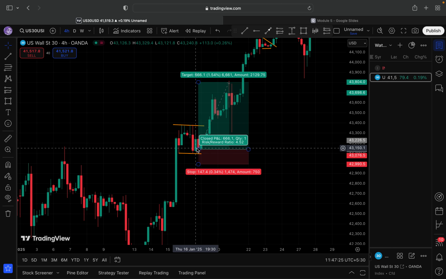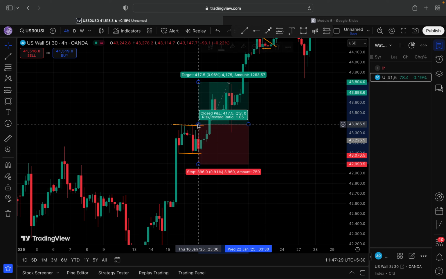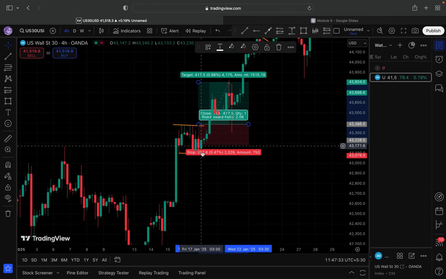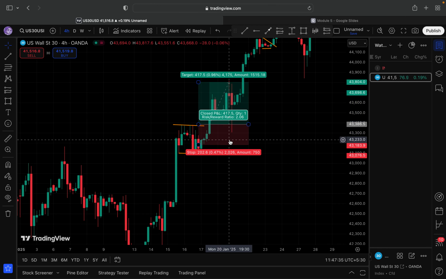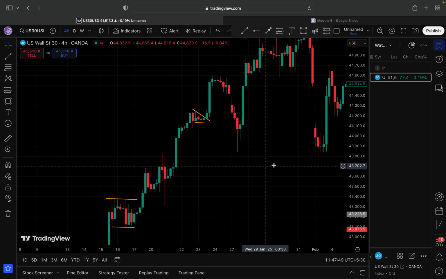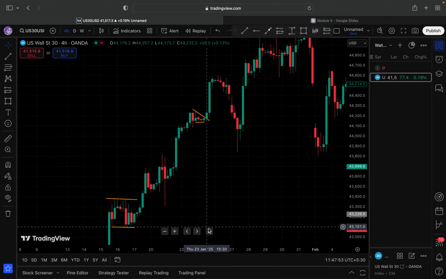Or you wait for the breakout around this zone, and you would have to reduce your risks, because most of the time, not all, but most of the time, when the market breaks out impulsively with a bullish or bearish momentum candle, the market is very likely to continue, especially when the higher time frame is bullish or bearish.